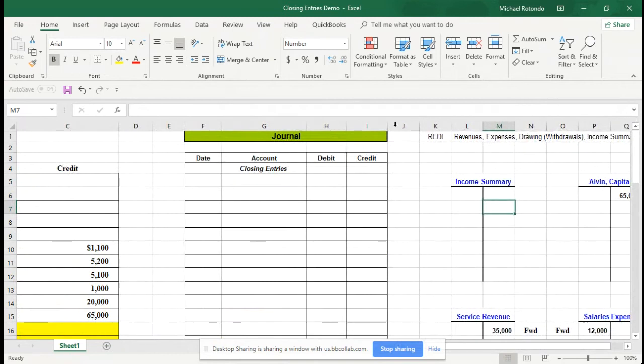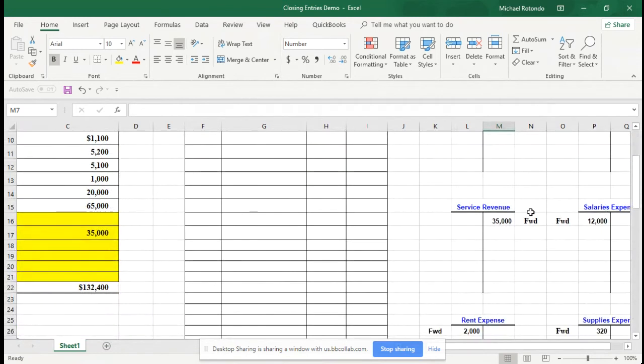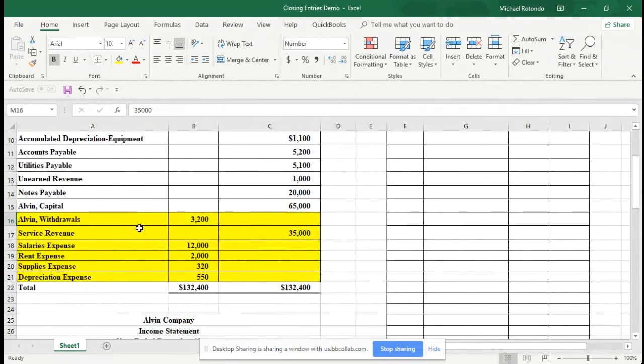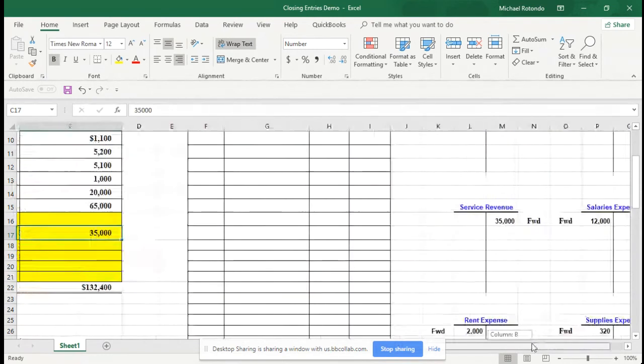So under the REDI method, the first thing we would close is revenues. We have a journal, we have closing entries on it, just like we had adjusting entries on the adjusting entries journal. And we're going to start by closing our service revenue. So this balance in service revenue is the adjusted balance. It comes from the adjusted trial balance.